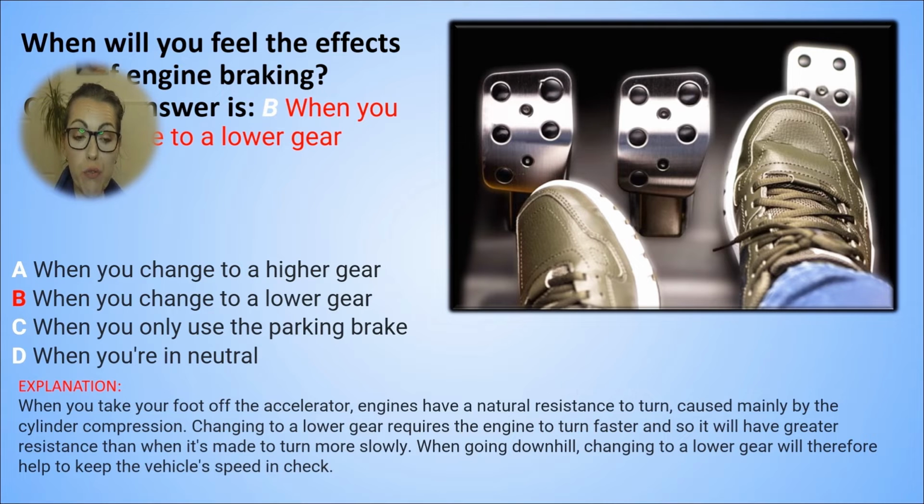When you take your foot off the accelerator, engines have a natural resistance to turn, caused mainly by the cylinder compression. Changing to a lower gear requires the engine to turn faster, and so it will have greater resistance than when it's made to turn more slowly. When going downhill, changing to a lower gear will therefore help to keep the vehicle's speed in check.